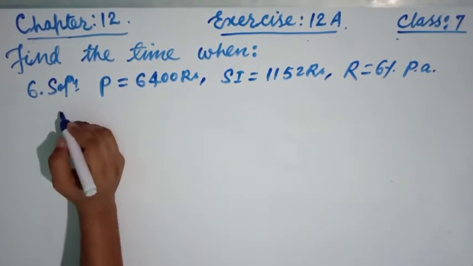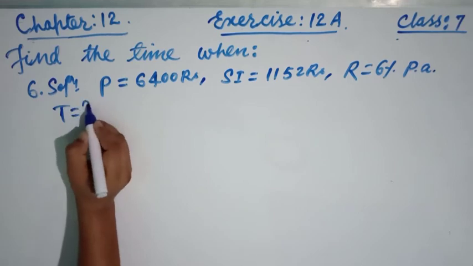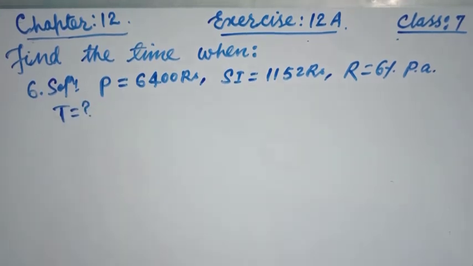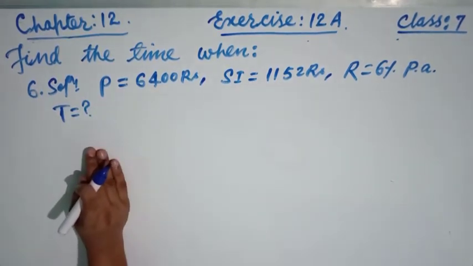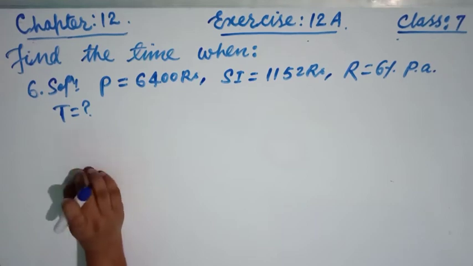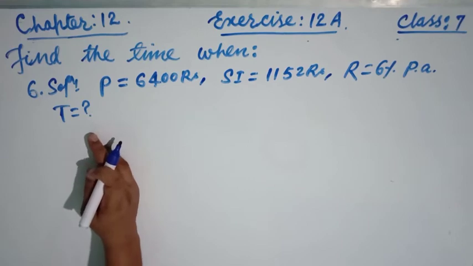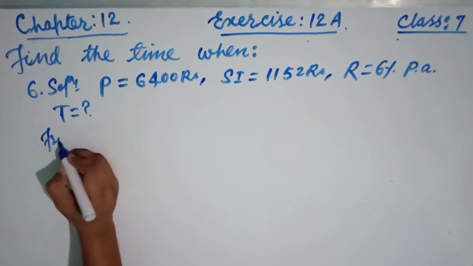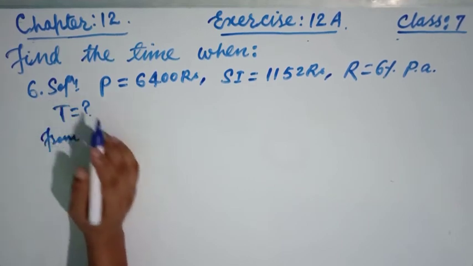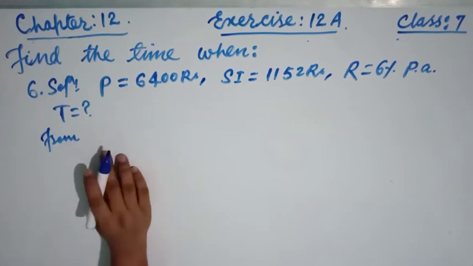Now friends we have to find here the time T. So here we have to use the same formula as used in the previous questions 1, 2, 3, 4 and 5, because we have only one formula in this chapter so far.